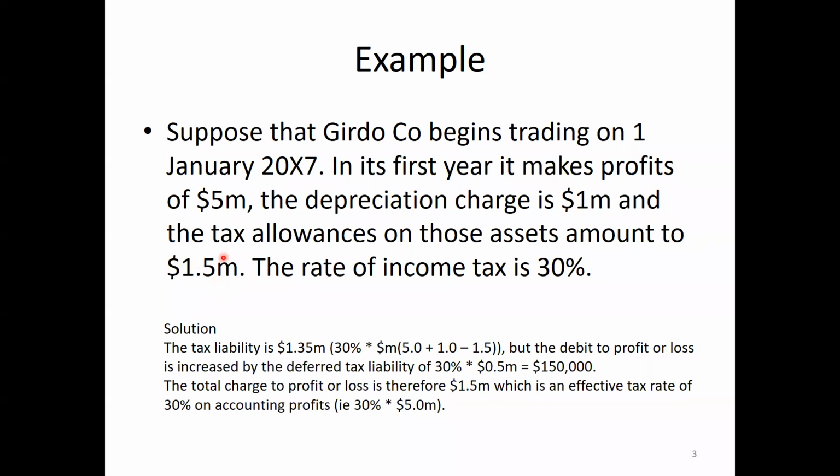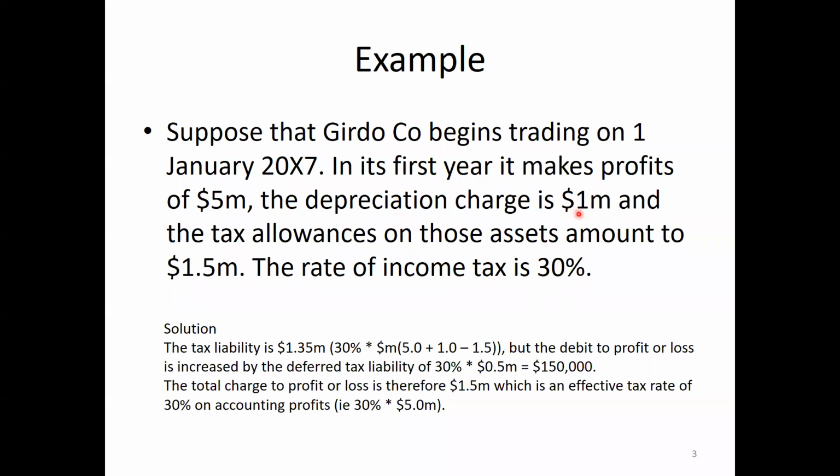The percentage does not matter for that. Right now, here 1 million versus 1.5 million. Now we are charging a higher tax allowance. Therefore, we have to pay less tax in the current year. The rate of income tax is 30%.